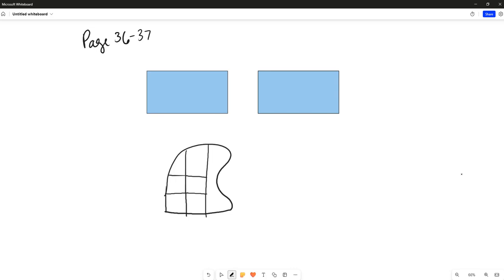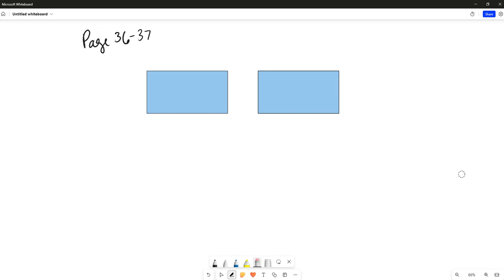Okay. So look at the top of page 37, and we're going to look at the area of rectangles and squares. So this first rectangle, it's not marked, but it's 4 units horizontally, and it is 2 units vertically. Okay, so if we were to mark this off, we would divide it into 4 parts.